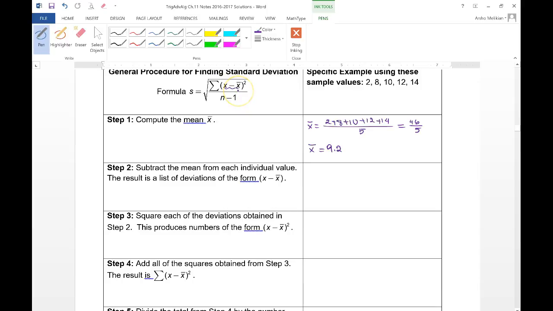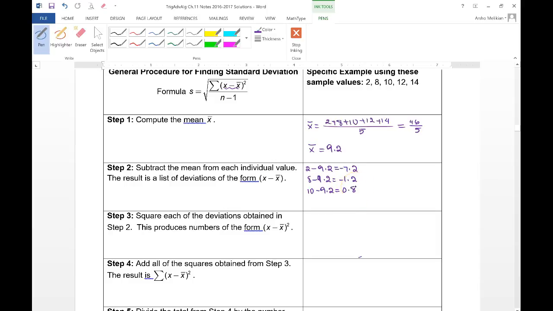Now we're going to do this part. We're going to subtract each number minus the mean, so x minus x bar. So 2 minus 9.2, that's how much? Okay. 8 minus 9.2. 10 minus 9.2.